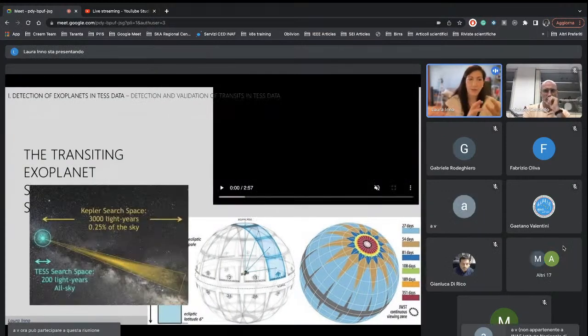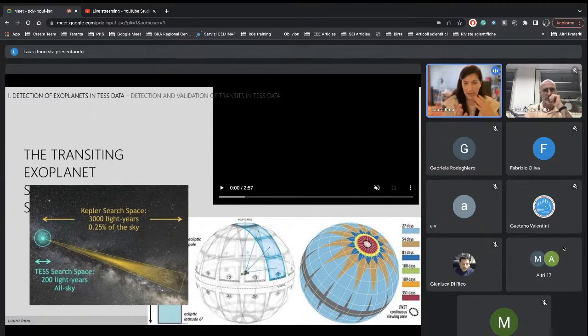When compared to Kepler, the volume searched by TESS is more homogeneous, but it's less deep because the limiting magnitude of TESS is around 15. So, as I said, it's a slightly different strategy.